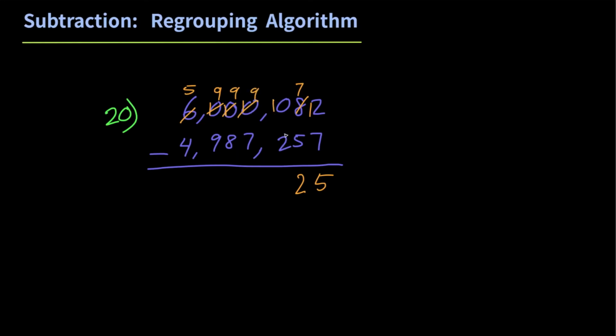Finally, I have 10 here. 10 minus 2 is 8. 9 minus 7 is 2. 9 minus 8, 1. 9 minus 9, 0. And then 5 minus 4 is 1. So the result is 1,012,825.